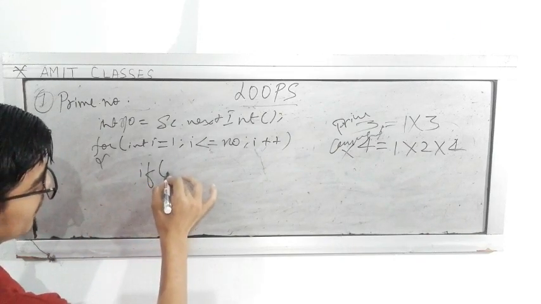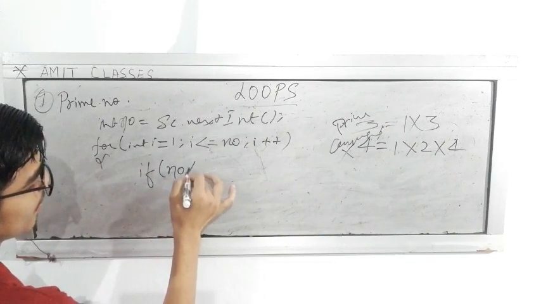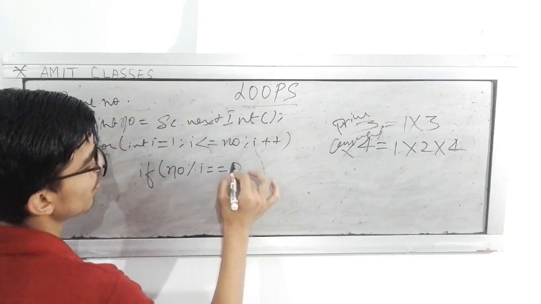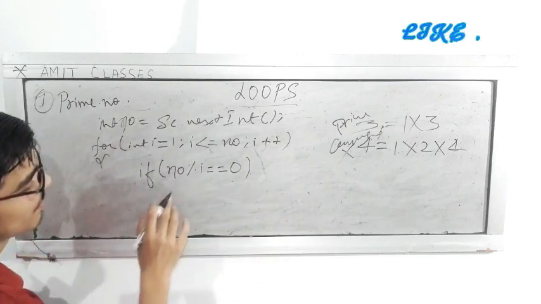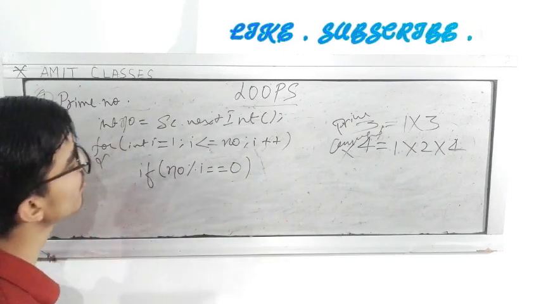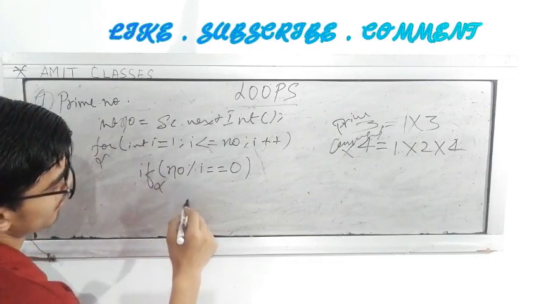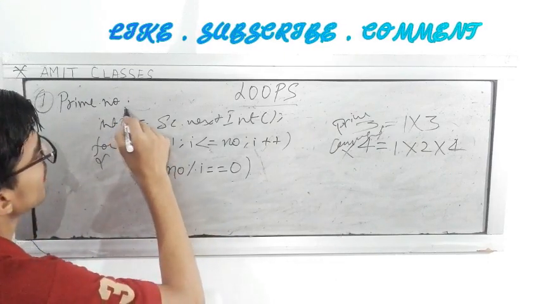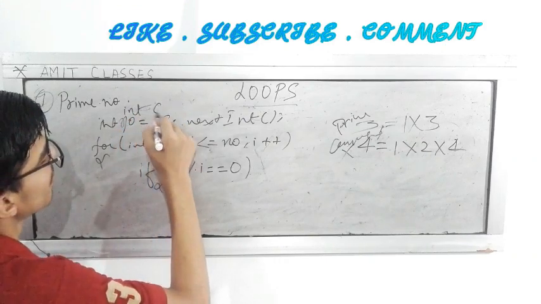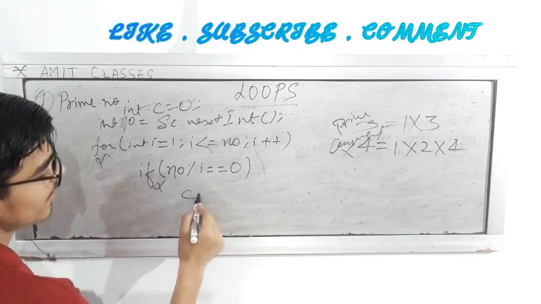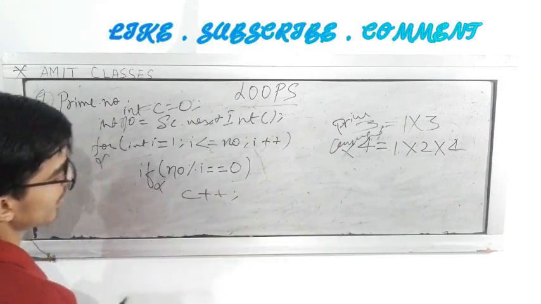if number mod i is equal to 0, then we'll take one variable c is equal to 0, then c plus plus.